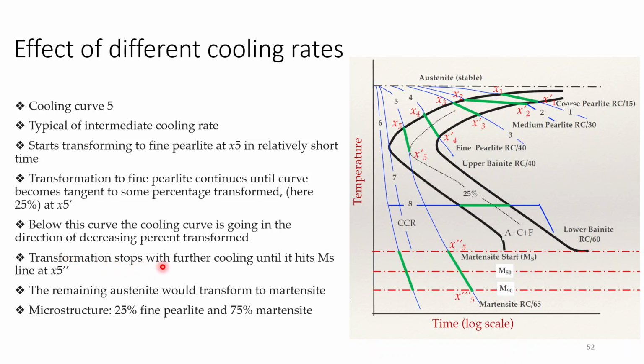Okay, and transformation stops with further cooling until it hits this x5 double dash. Okay, so here the remainder of the austenite converts into martensite. The remaining austenite would transform to martensite. The microstructure will be having 25% of fine pearlite and 75% of martensite.